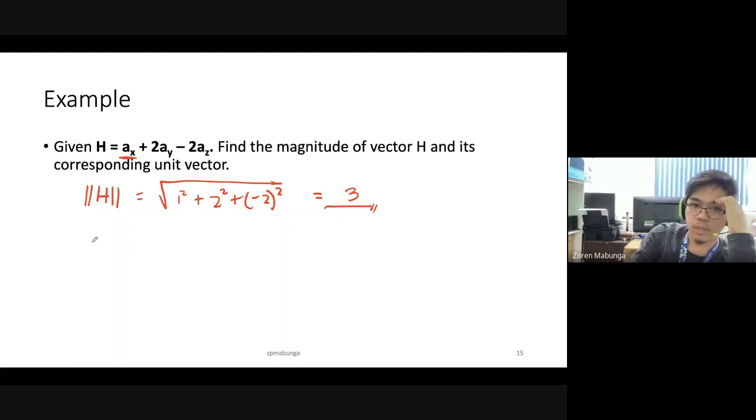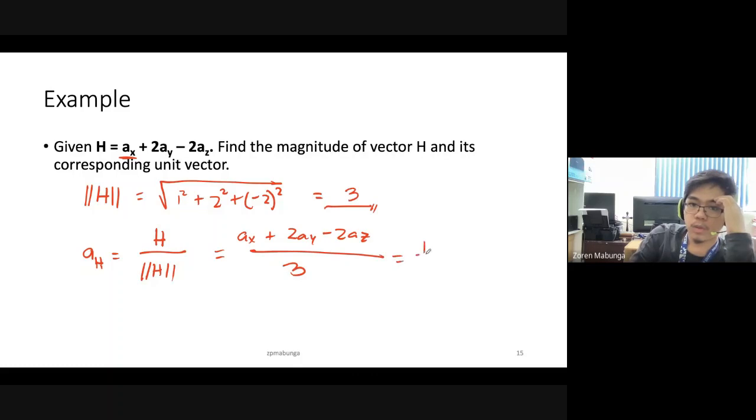So pag pinakuha sa unit vector ni H, ganito yung representation. Unit vector is represented by A sub H. So this is equal to H, yung vector, divide mo nung magnitude. Ibig sabihin, ang H natin is AX plus 2AY minus 2AZ, divide by 3.